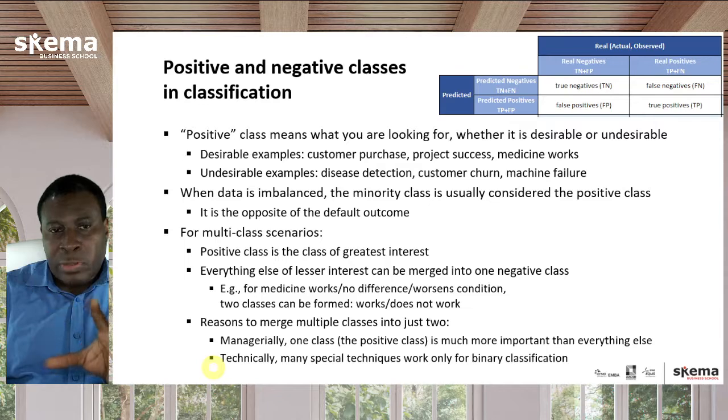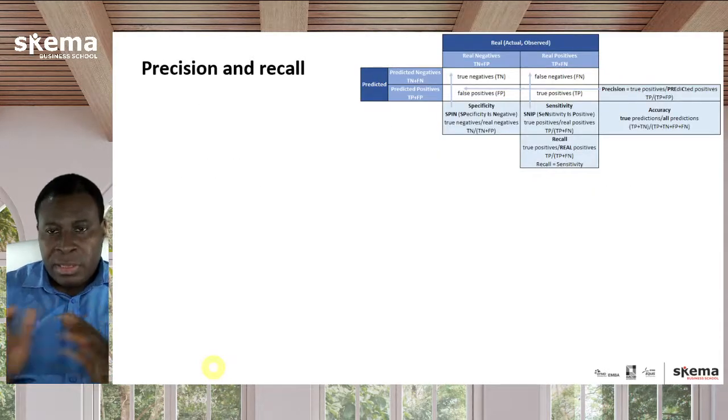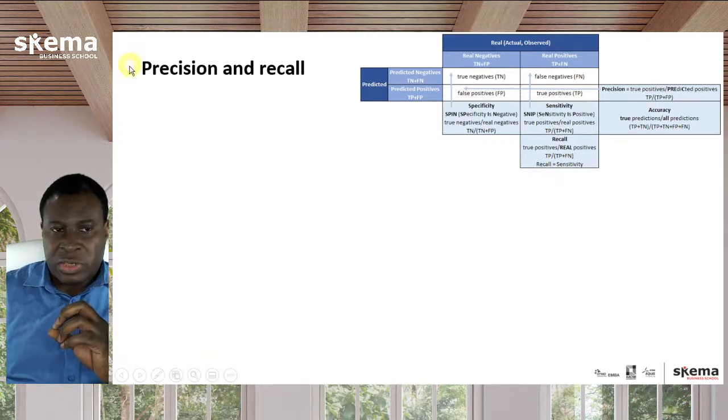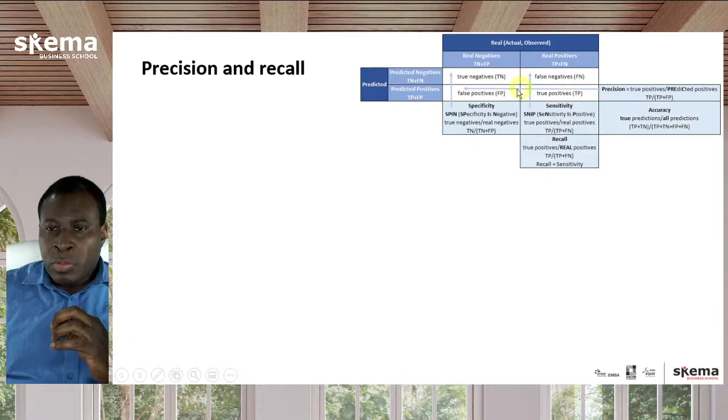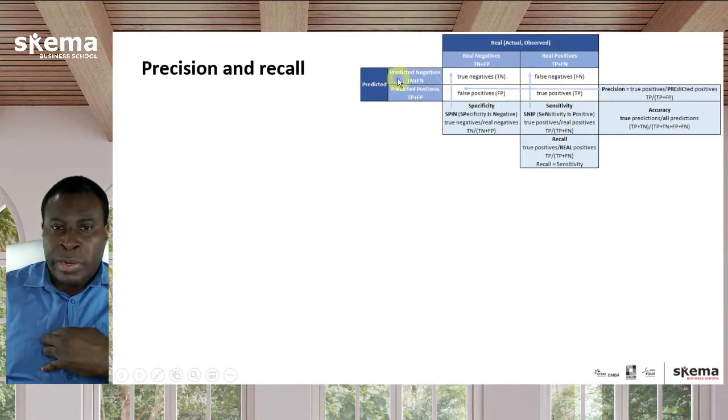Okay, so now that we understand what positive and negative classes are, let's look at these two pairs of specific measures. First, precision and recall. What I have here is a classification matrix where the columns are what actually happened in real life.